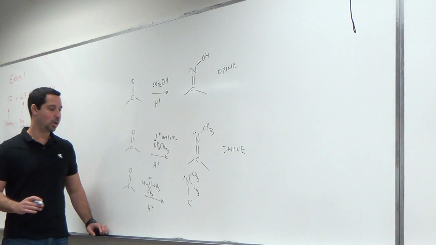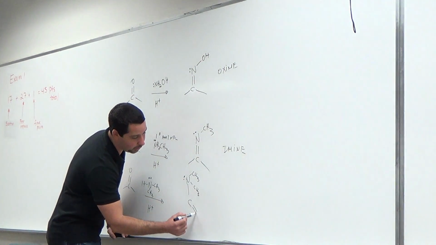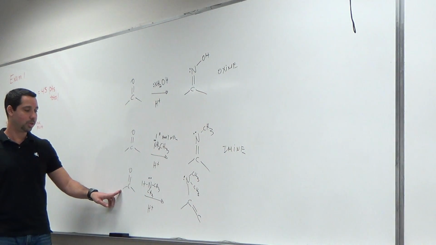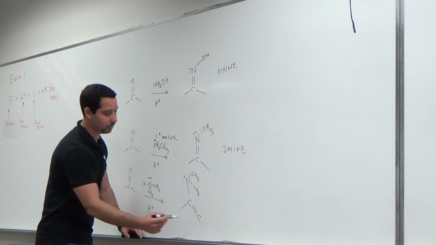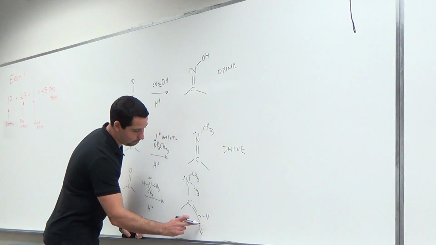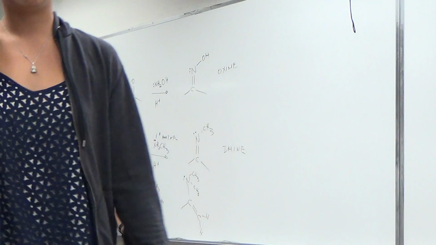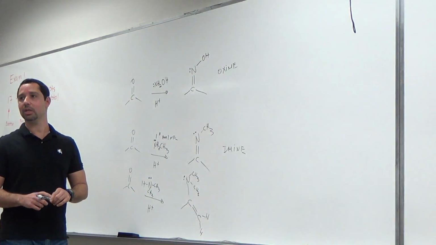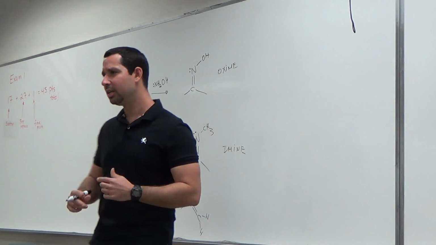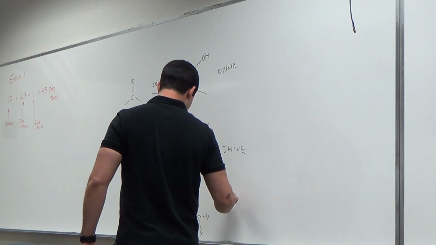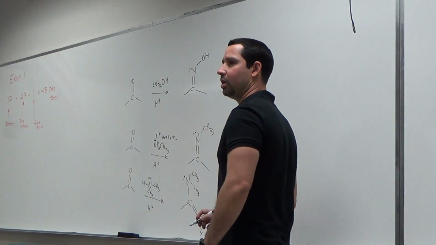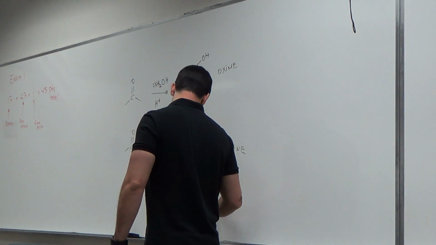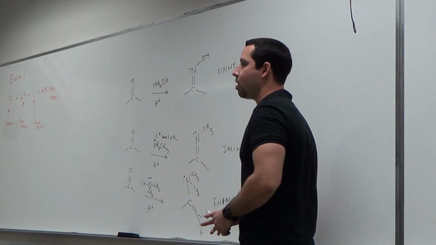And now what is going to happen is there will be a double bond down here to one of the carbons on the side, either this carbon or that carbon. And what's the name of this? Amine, with the E. This is called an enamine.